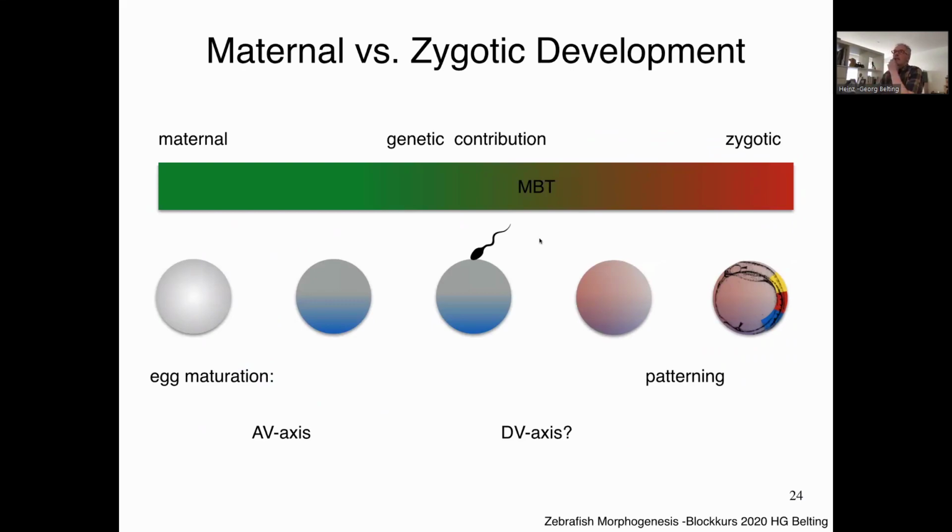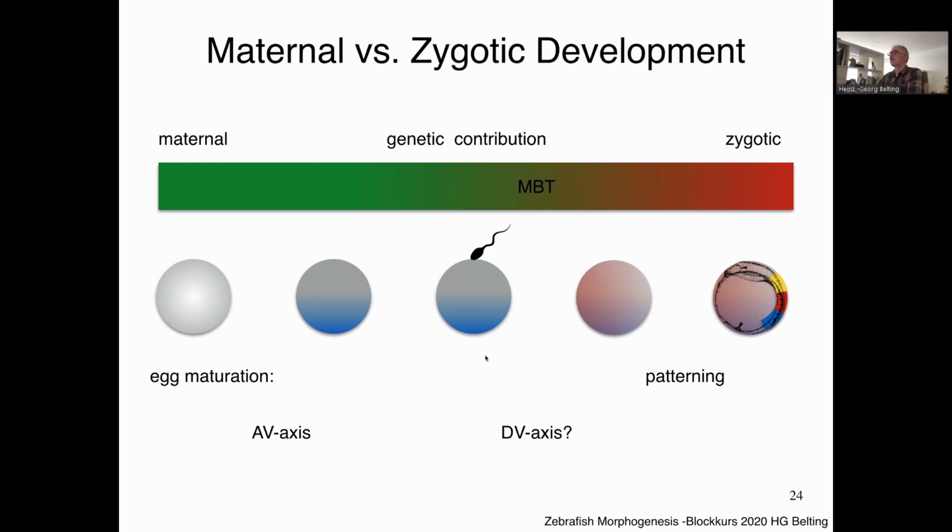During egg maturation, when the animal-vegetal axis is made, a lot of material is planted into the future animal side and vegetal side of the embryo. So what we deal with early on, up to the mid-blastula transition, is a complete maternal genetic contribution to embryonic development. Everything is provided by the mother.